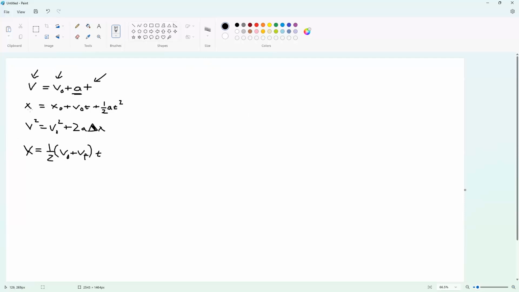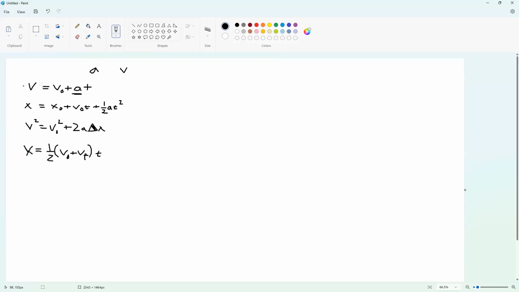The goal is to have only one variable unknown so that you can solve for that variable. So in this case, what are we given in this question? Constant acceleration.